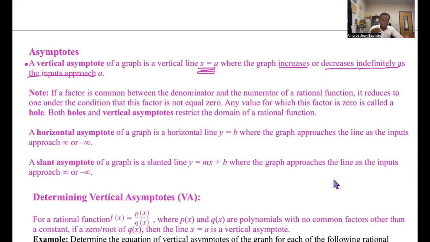But the one thing that you need to make sure you know is that asymptotes are equations. Let me write this down.